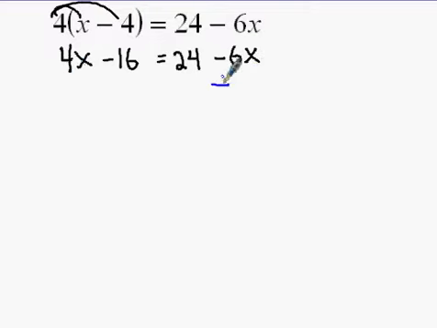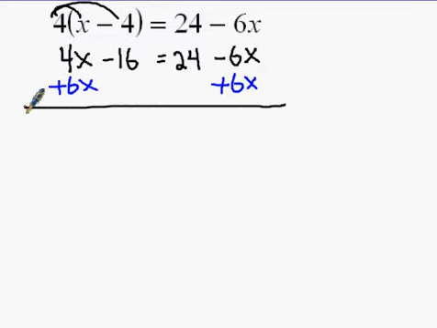When I add it to 4x, I'm going to get 10x. So here I go. Okay, I have 24 here, after the 6x's cancel themselves off. Here's 10x minus 16. Back to a two-step equation.